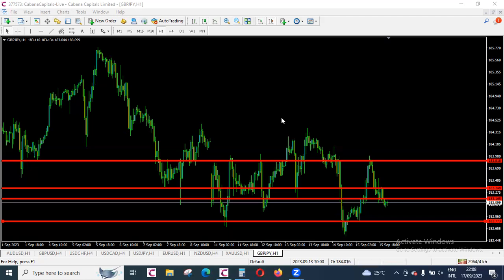The number of pairs advised. You mean the number of pairs you should trade? The number of pairs you should trade is dependent on your capital.